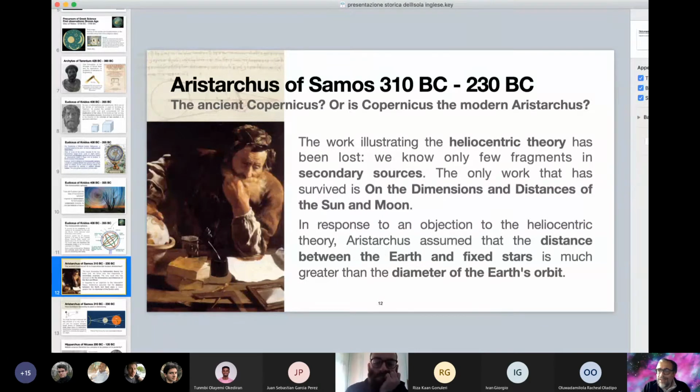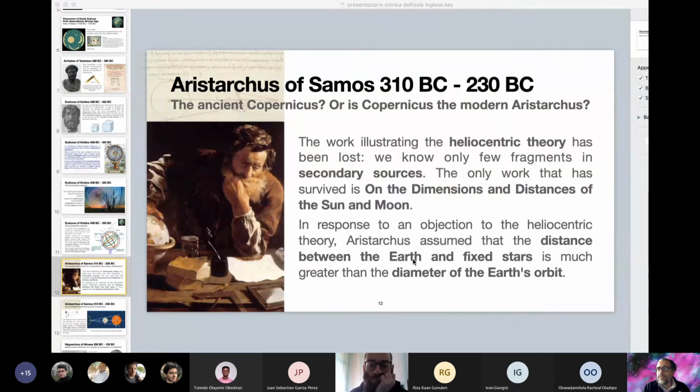However, I want to tell you that Aristarchus was answering an objection to the heliocentric theory, which is very deep, very, very important. They told him: how is it possible that you see fixed stars if the Earth is moving around the Sun? Aristarchus had the right intuition to answer this objection in this way.